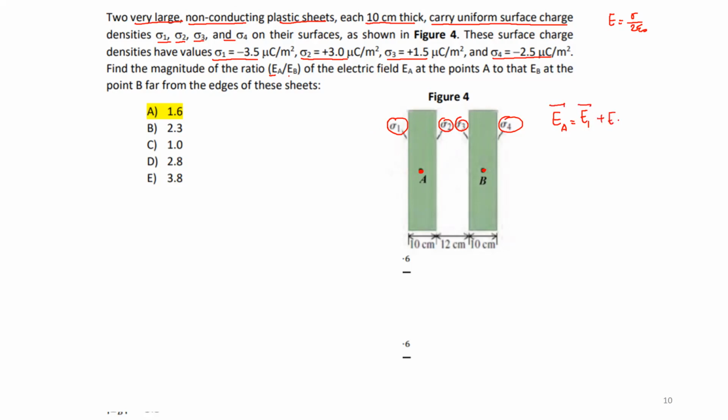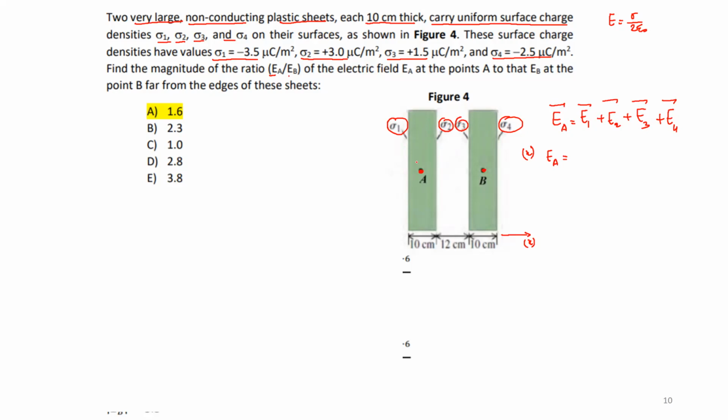Plus electric field due to this side here, sigma 2, plus electric field due to sigma 3, plus electric field due to sigma 4. Let me take this as the positive x-axis, and I project now along x. So EA in magnitude will be what?